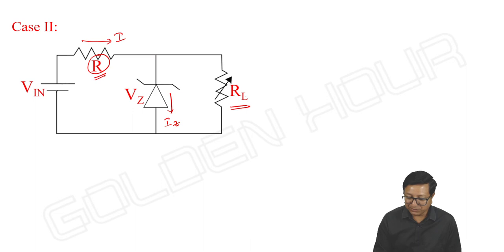Okay. Then what we can do, when RL is minimum, IL is maximum, IZ is minimum. And IZ is minimum, and hence we can take the corresponding I as I minimum. You can't take that I as I maximum. Okay. So see this.